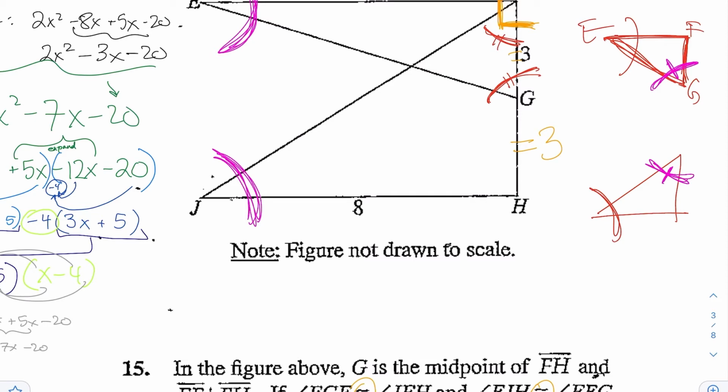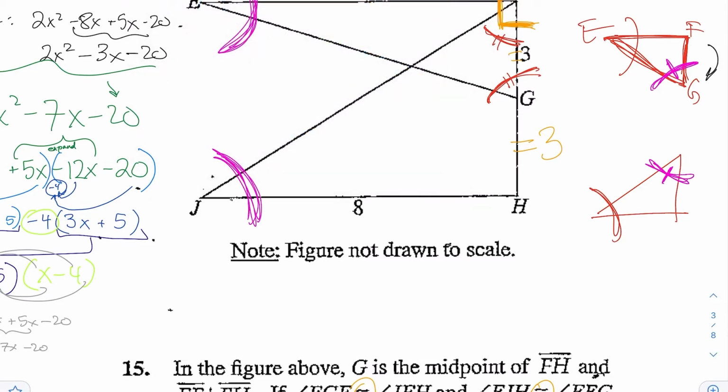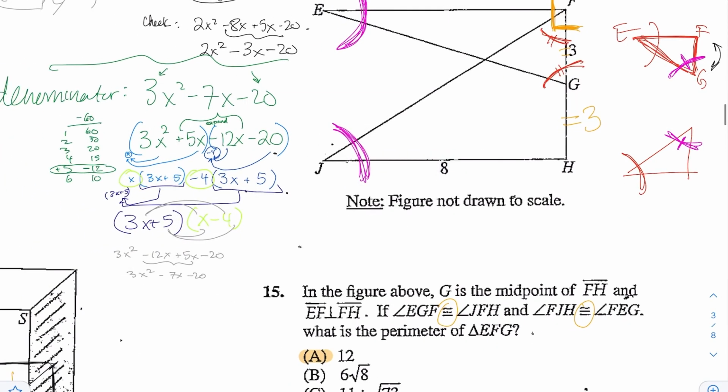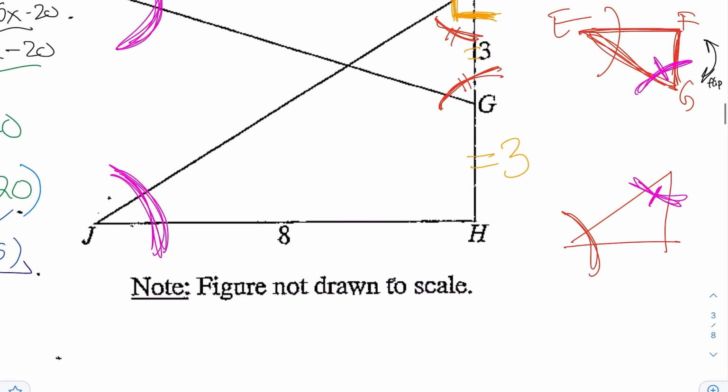So both of these triangles, if you flip one of them, then it looks more like the other one, and you're going to see that they are similar.